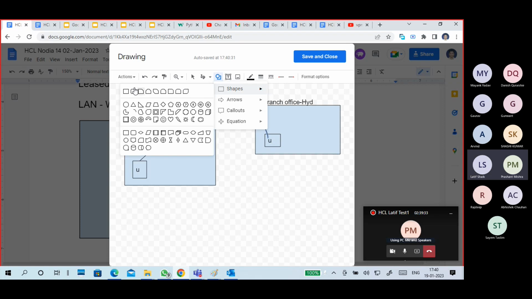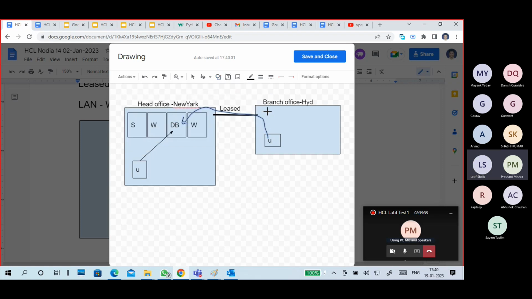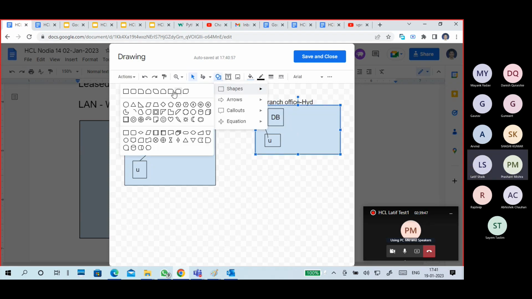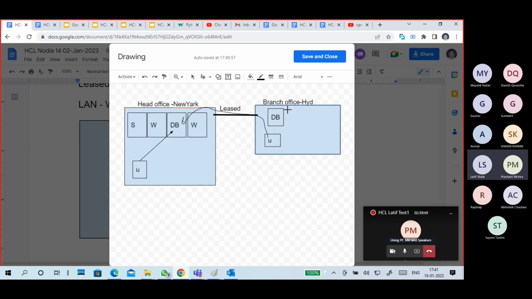In other words, guys, in the branch office I have some server, for example a database server or a web server. I want to exchange data between these devices.